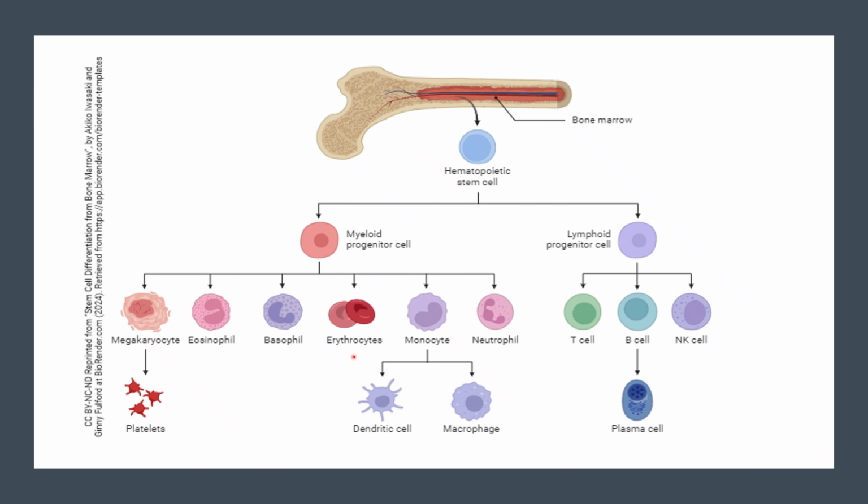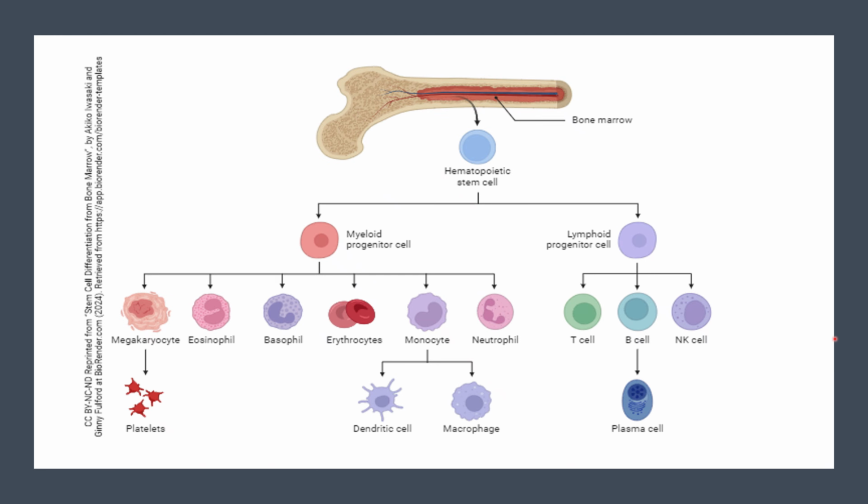So more in detail, here are the erythrocytes, and here are the other ones, the lymphoid, the T and B, and the natural killer cell, which gets the plasma.